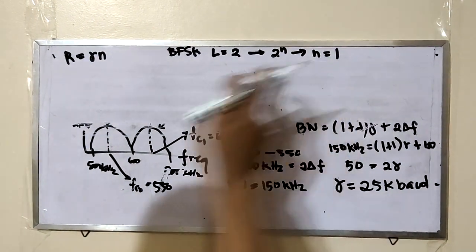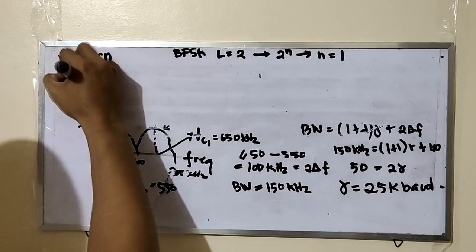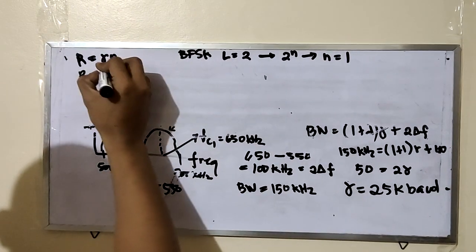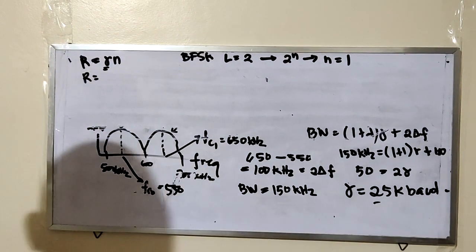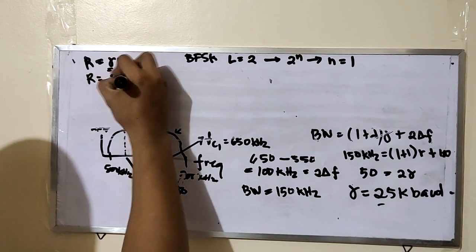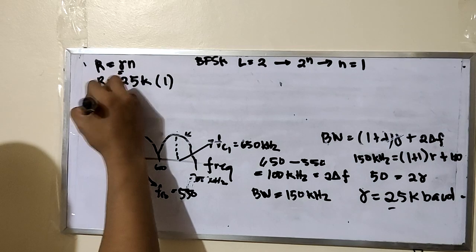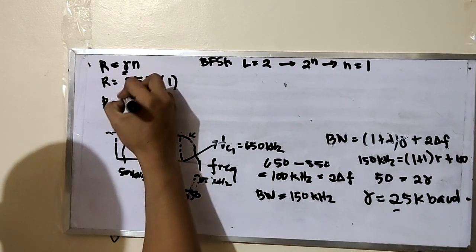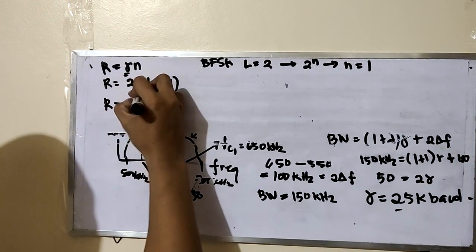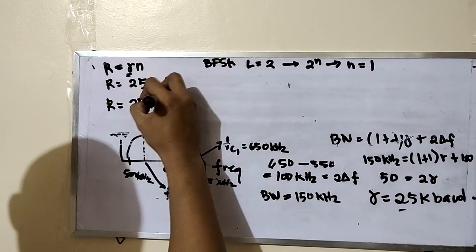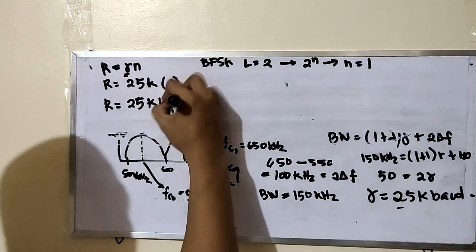So we have N times the baud rate, so R equals to baud rate natin, which is 25 kilo, times 1. So our R is equals to 25 kilobits per second.